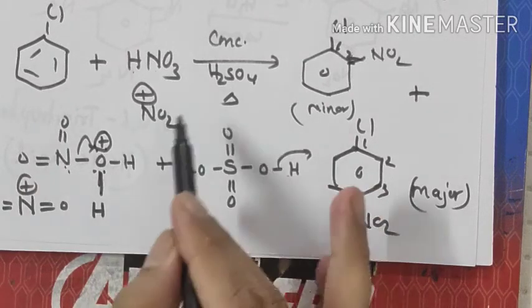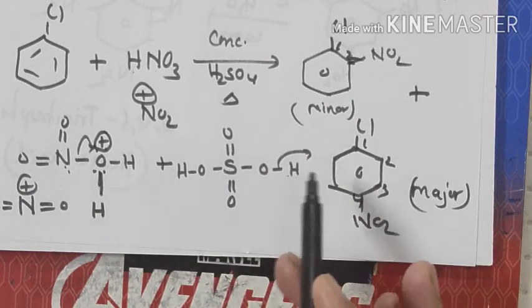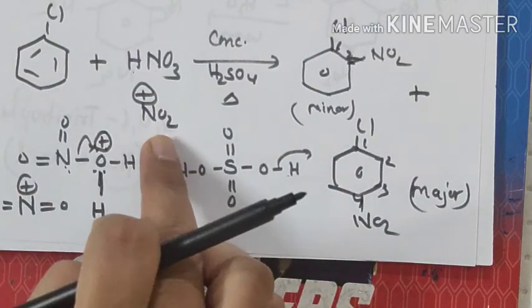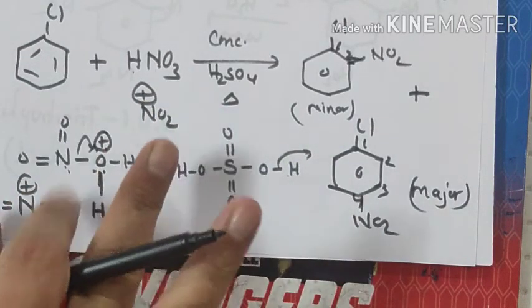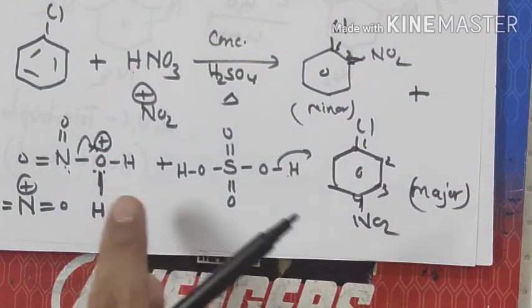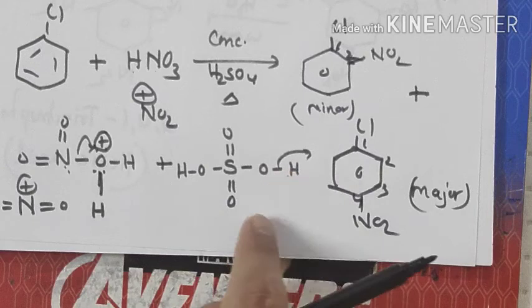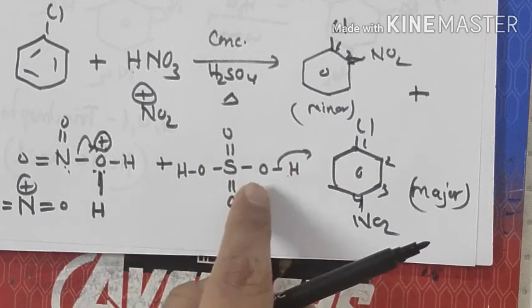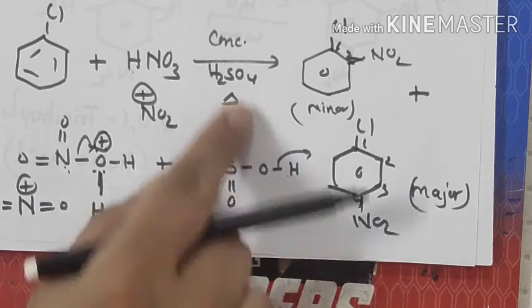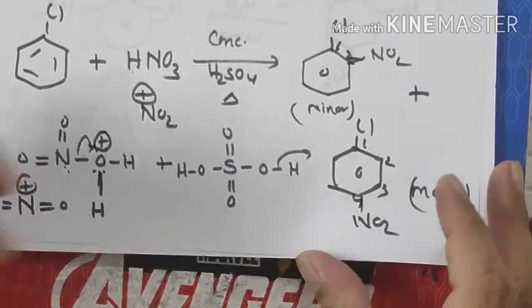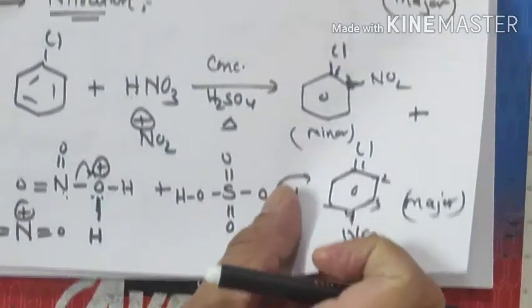Here sulfuric acid gives H plus, that H plus combines with nitric acid to form the nitro group, and water is given out. That water again gives H plus, and that H plus again reacts with nitric acid, so the reaction continues, right? Clear? Okay. Now, moving further.